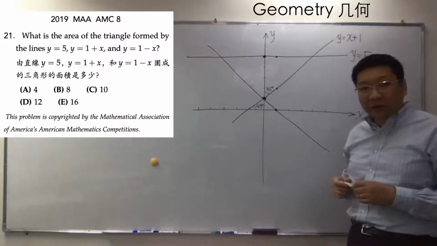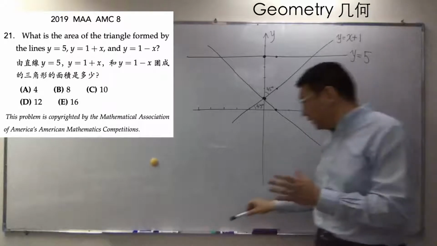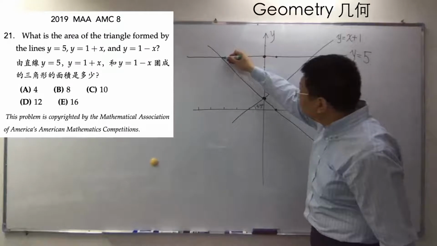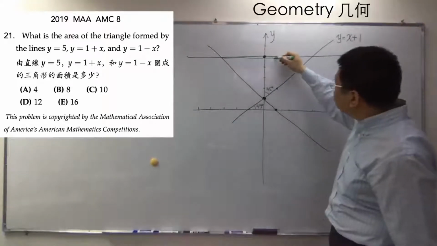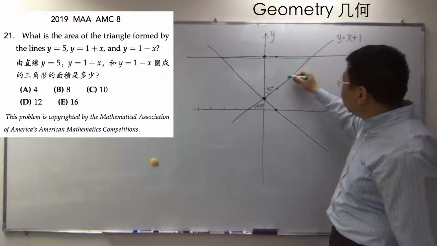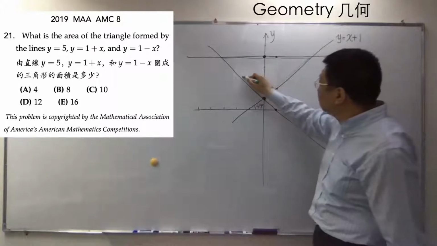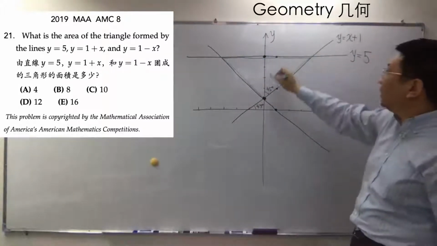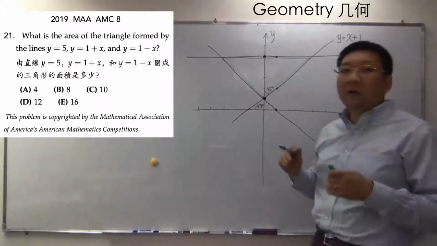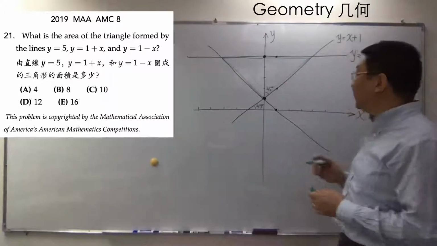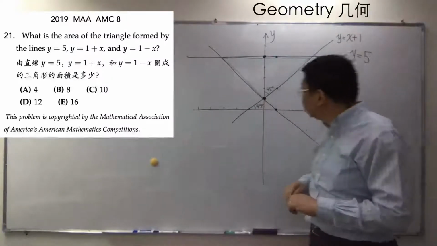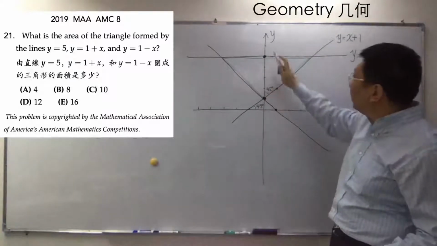Then there's the triangle. The triangle is the one formed by these three lines. So here would be the triangle. Clearly you will see that this triangle just consists of two smaller triangles. And each smaller triangle is a right isosceles triangle with side 1, 2, 3, 4.